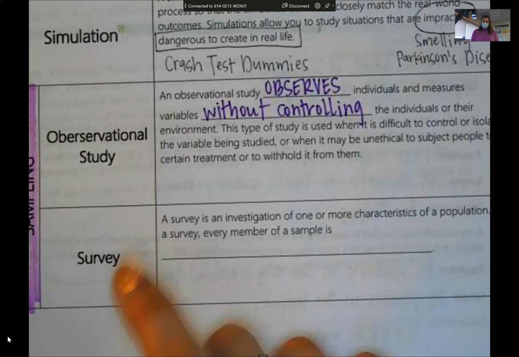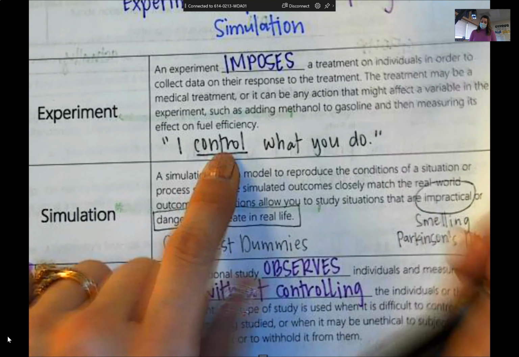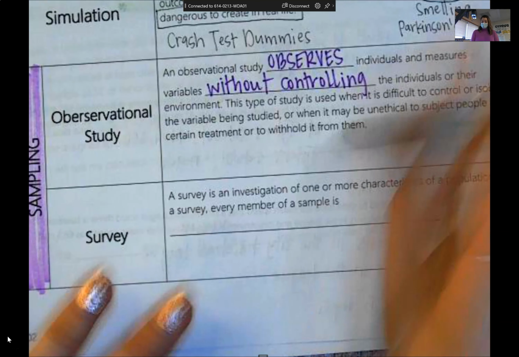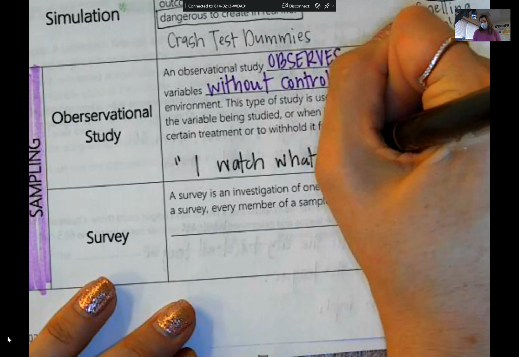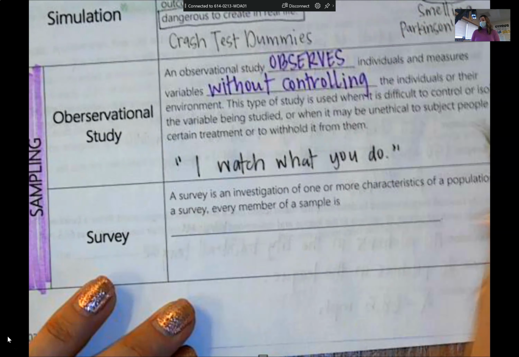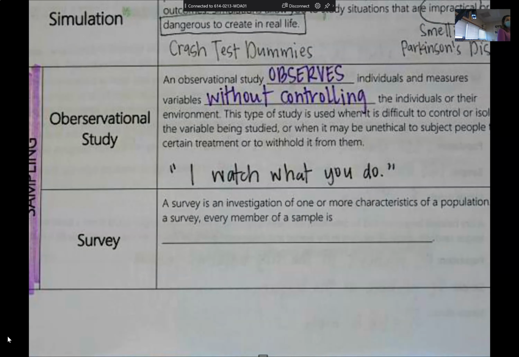An experiment is I control what you do. Observational study is I watch what you do. So I watch and record. Experiment, I get involved.